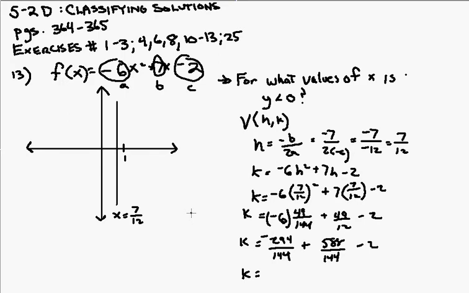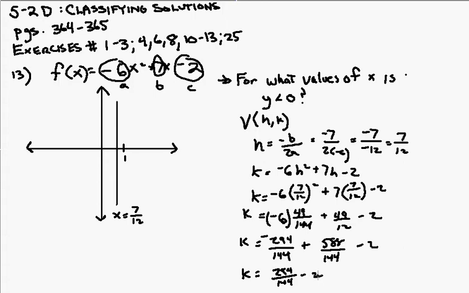So minus 294 gives me 294 over 144, minus 2.